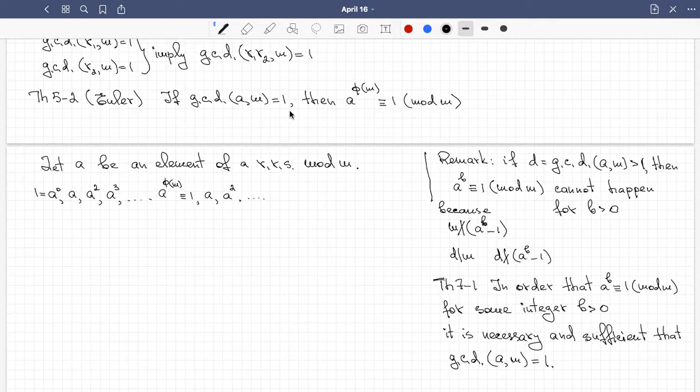And this discussion showed that if this greatest common divisor is not 1, is bigger than 1, this was D, this cannot happen. So it is necessary because if this condition is not satisfied, this congruence cannot happen.